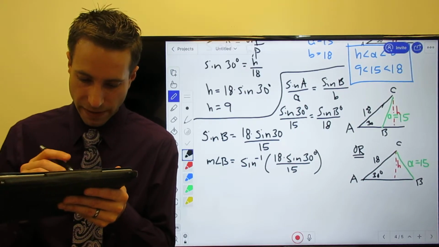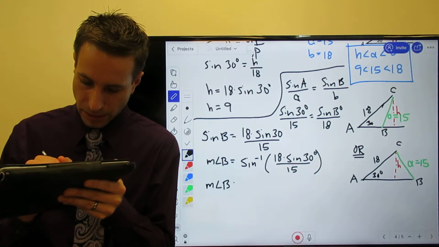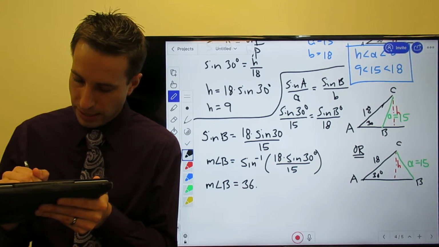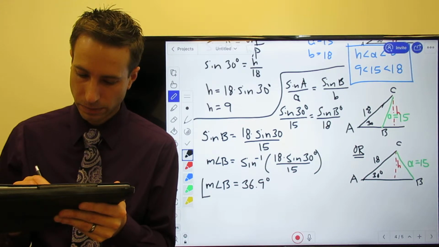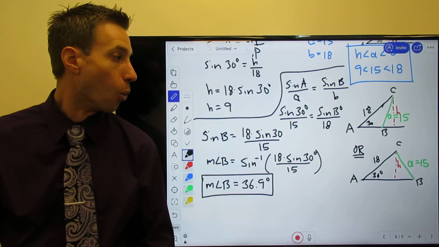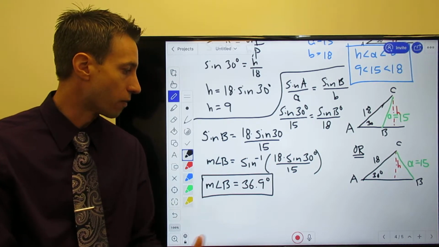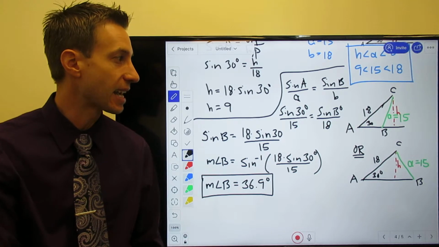The measure of angle B is going to be equal to 36.9 degrees. Now, careful. Which of these cases did I just solve? 36.9 degrees is an acute angle, less than 90 degrees.